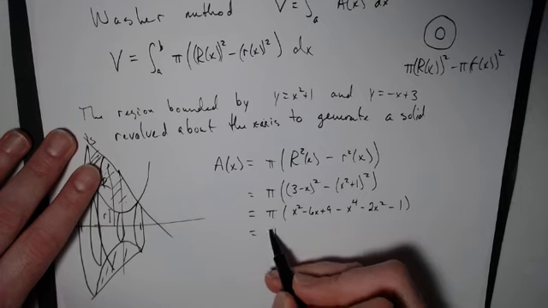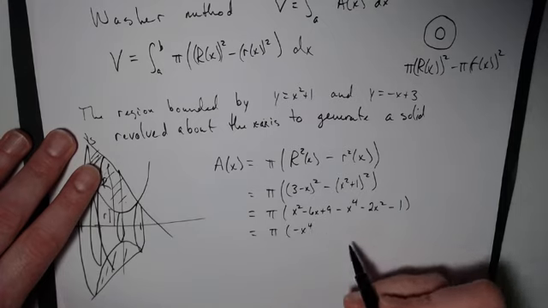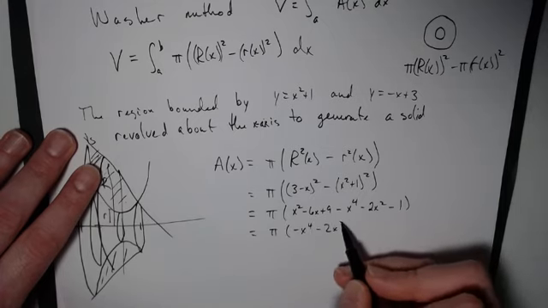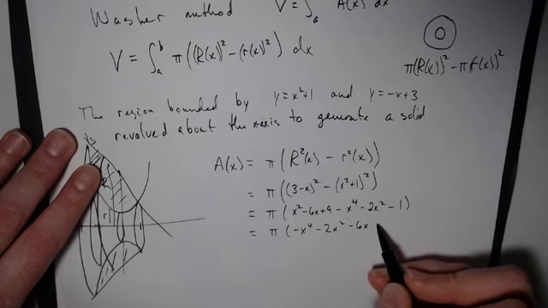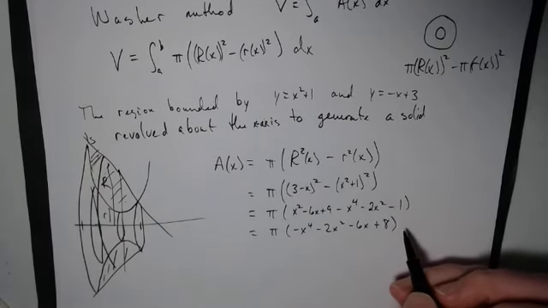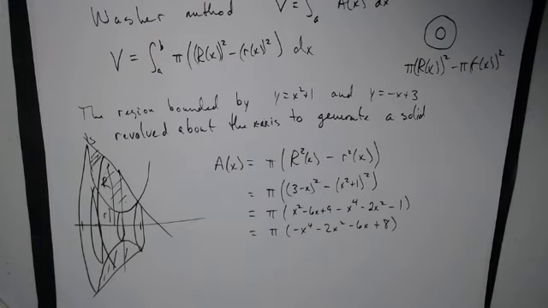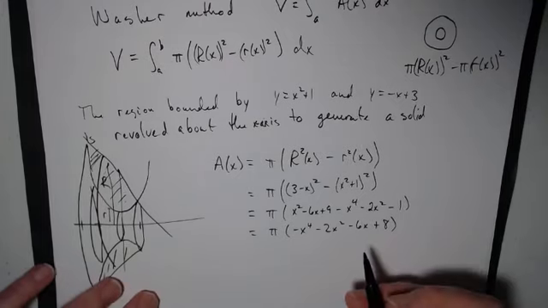So I get pi times negative x to the fourth minus 2x squared minus 6x plus 8. That's what I'm going to integrate.